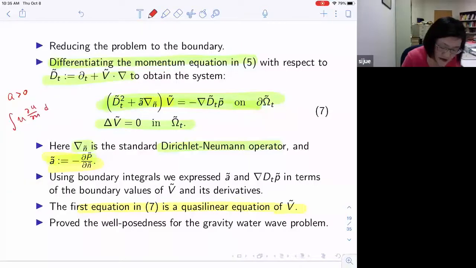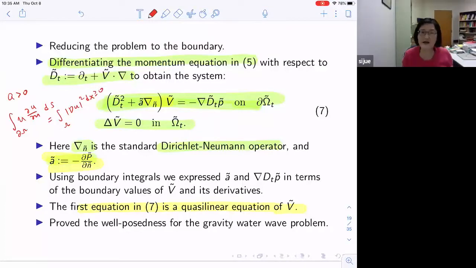The Dirichlet-to-Neumann operator on the boundary of a domain is always equal to the integral of the gradient of u squared. This is Green's formula, so that's positive. This guarantees the positivity of the second term, and then we have a hyperbolic type quasi-linear equation, and the usual method of solving hyperbolic equations applies, right? So you just use the energy method, okay? And we proved well-posedness.